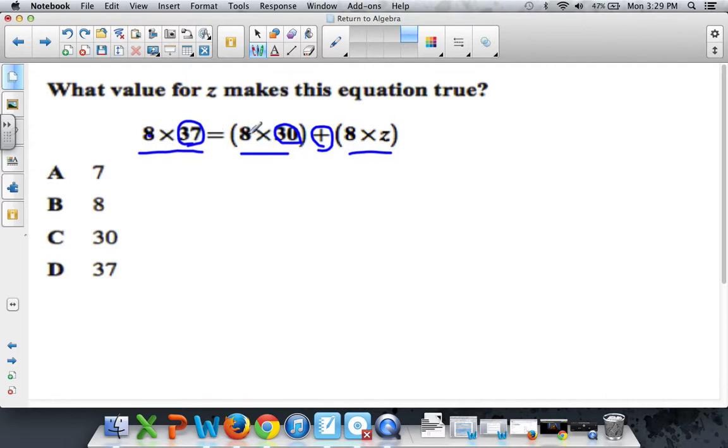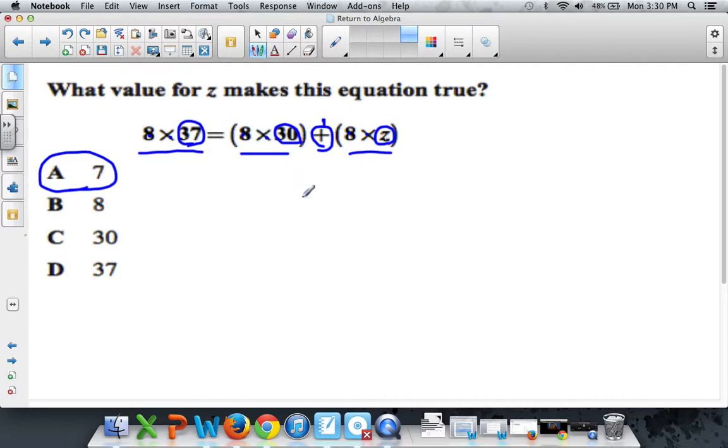The 8 matches with the 8s, the multiplication matches with the multiplication. But that 30 isn't quite 37. What could we put in for z that the addition would help us make a 37? If only that z was a 7, we'd have a 30 and a 7 to equal a 37, and then both sides of the equation would be equal.